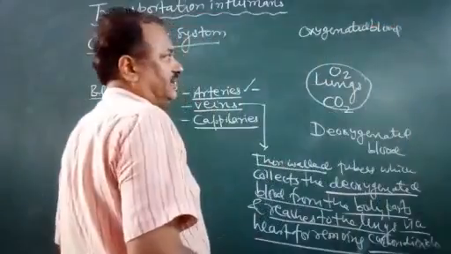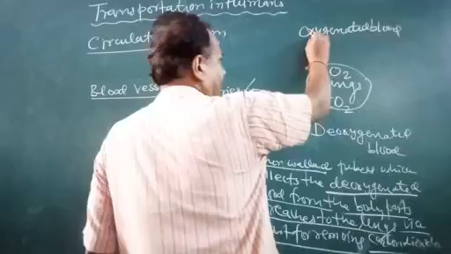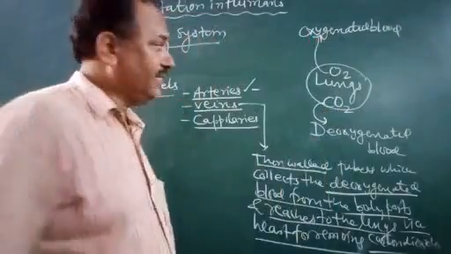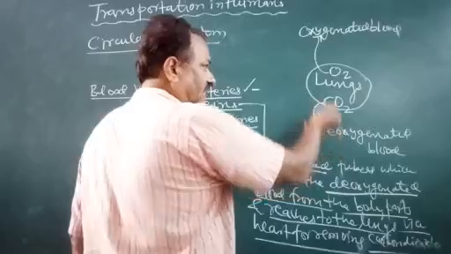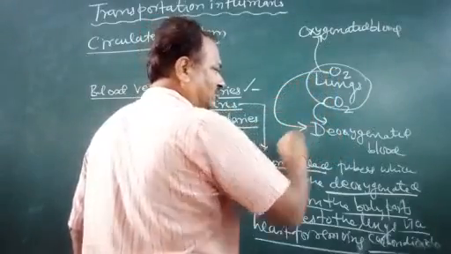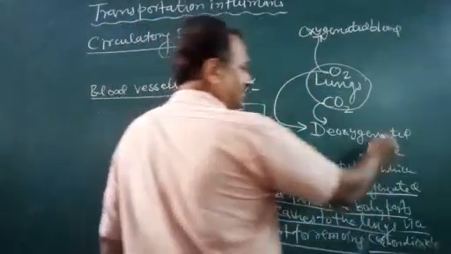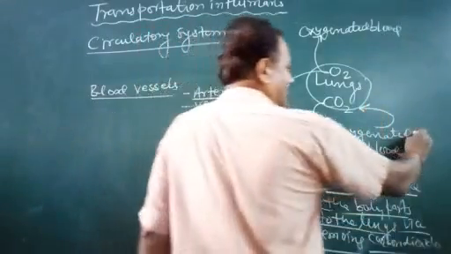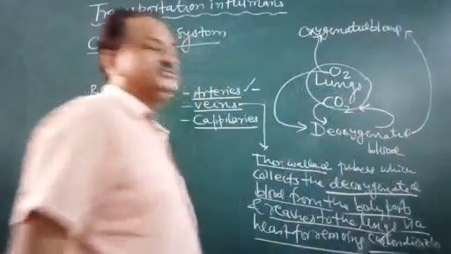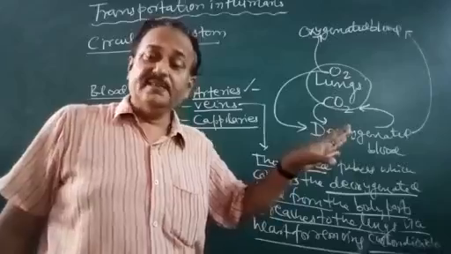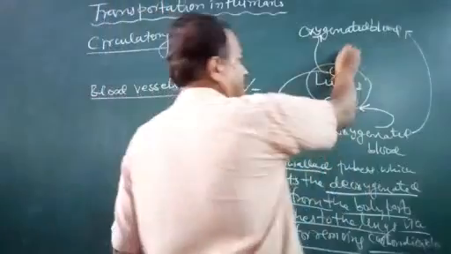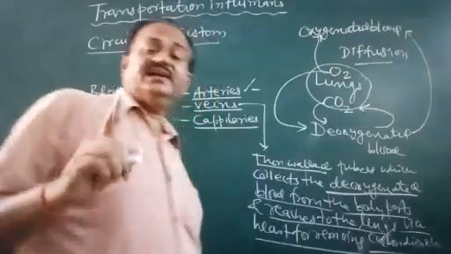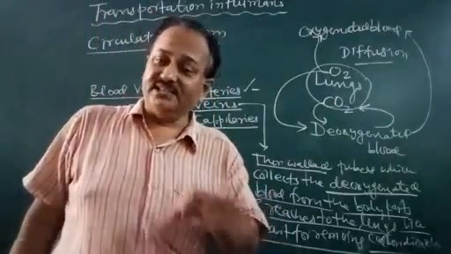Oxygenated blood has more oxygen, and deoxygenated blood has more CO2, and so as a result oxygen is supplied to the deoxygenated blood, the deoxygenated blood releases CO2, and it becomes oxygenated. So this is a very simple process, and it takes place by diffusion. Diffusion is due to the difference in concentration.